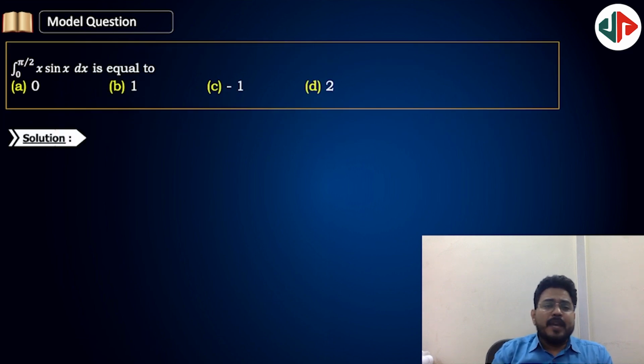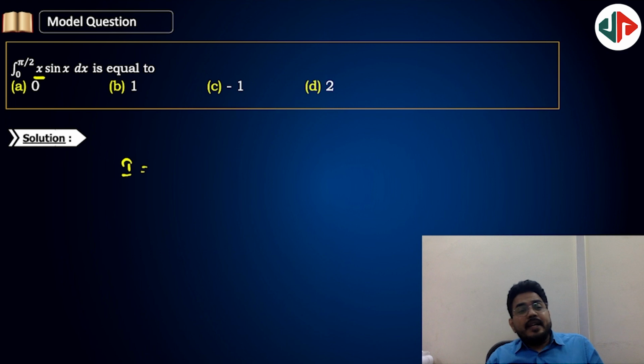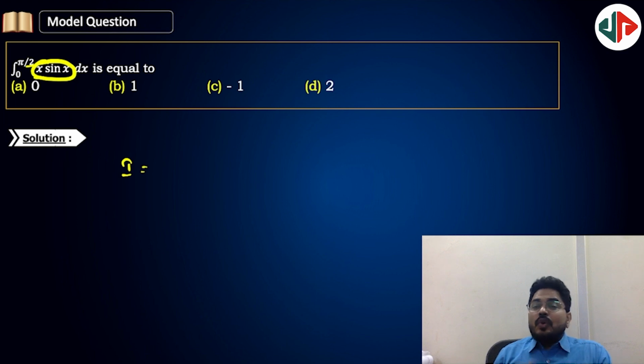Integral 0 to pi by 2 of x sin x. So whenever x comes, so what I'll do, I is equal to, yeah, can we try doing by parts method, because here x sin x is there. Okay, so ILATE: inverse, logarithmic, algebraic, trigonometry.